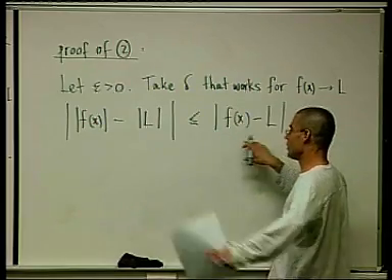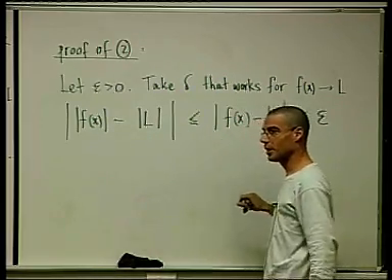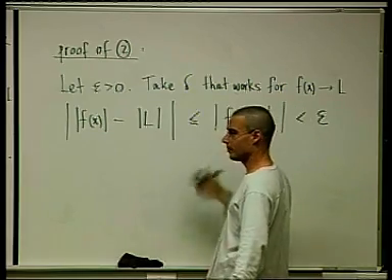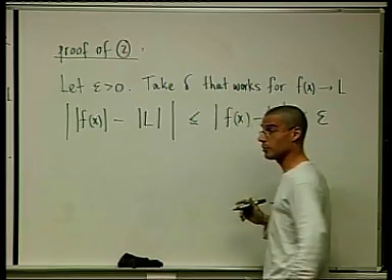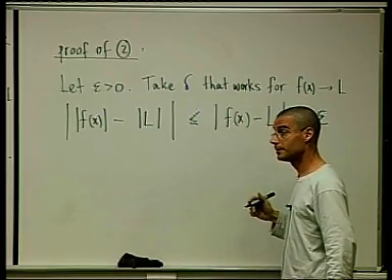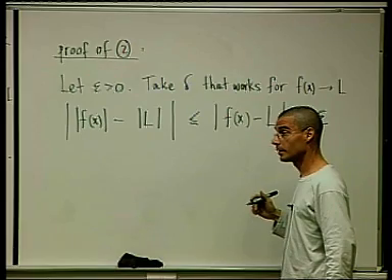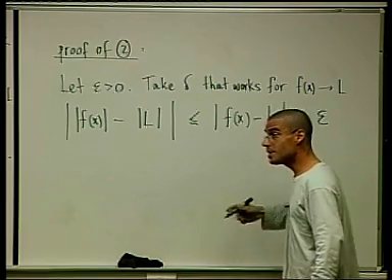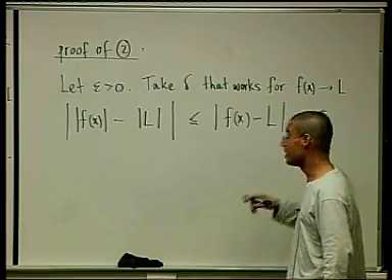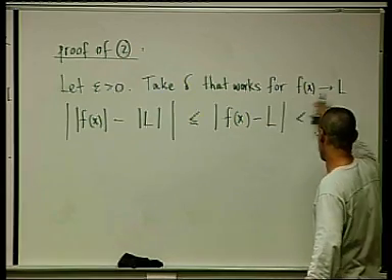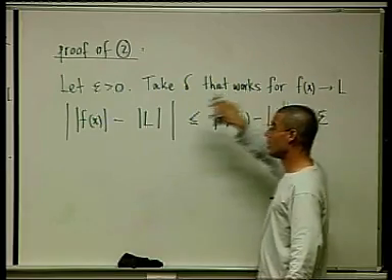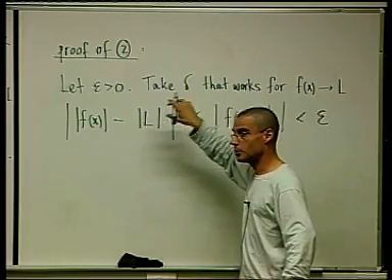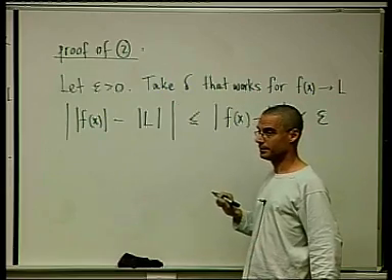And luckily enough, there was this magic property of the absolute value that tells us, you don't have to work hard. You know it for this. This is smaller. There you go. You have it for free. So we're using the entire definition, the fact that it holds for f of x approaches L, in order to show that it holds for absolute value f of x approaches absolute value L.